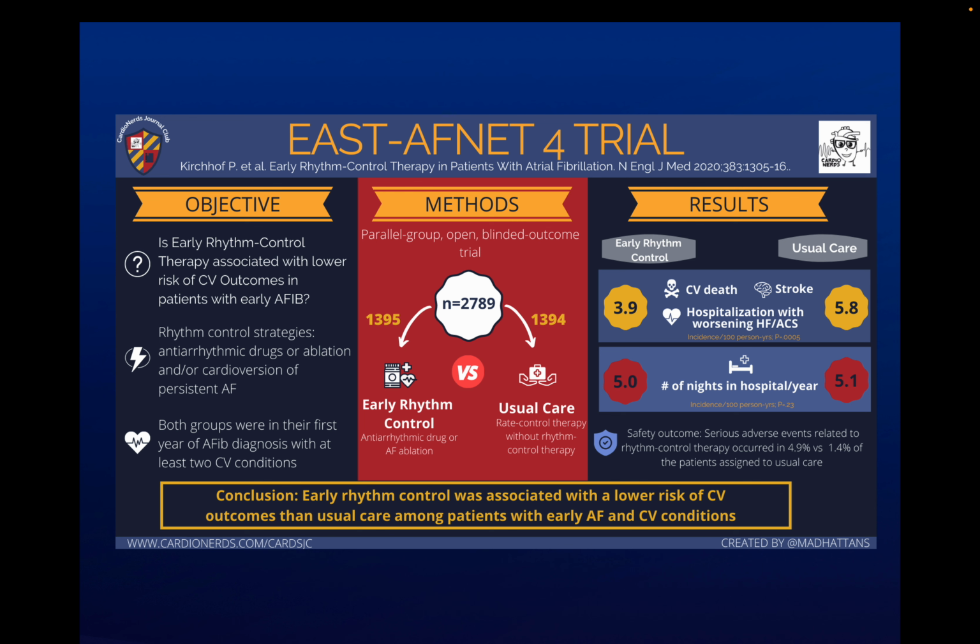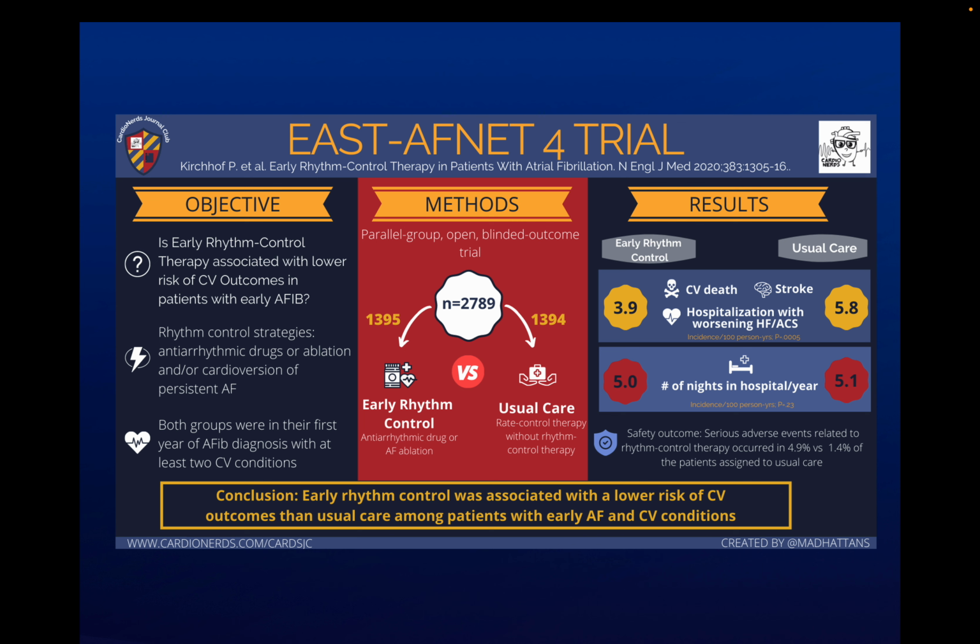It was found that in patients where early rhythm control was instituted, there was a significant decline in cardiovascular death, stroke, and hospitalization with worsening heart failure or acute coronary syndrome. And the number of nights in hospital per year, however, remained constant.